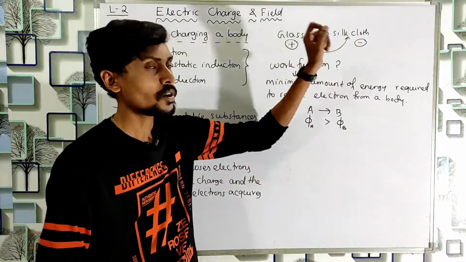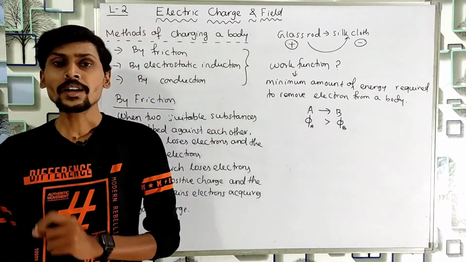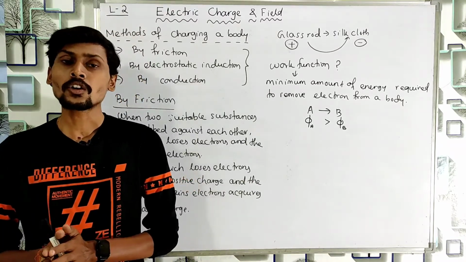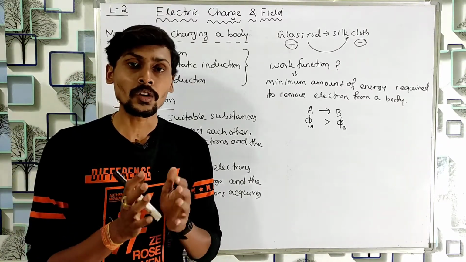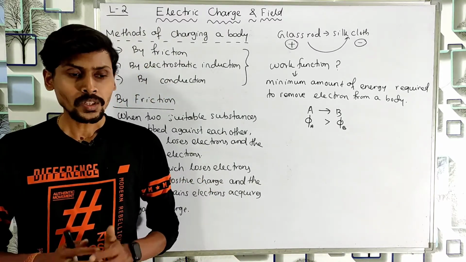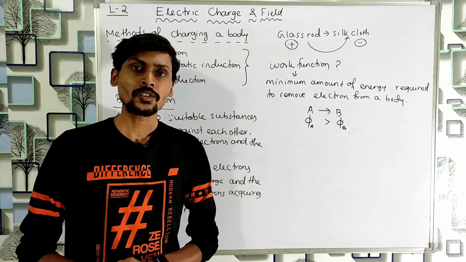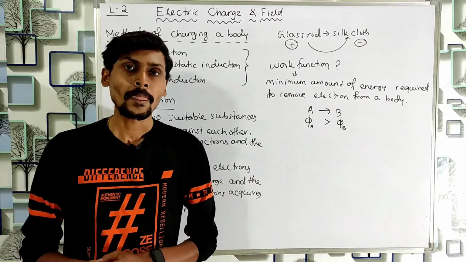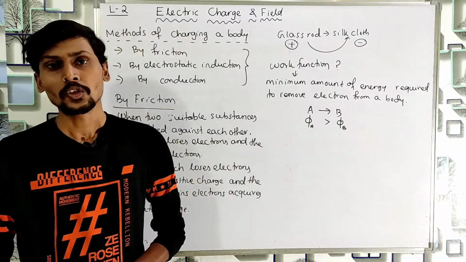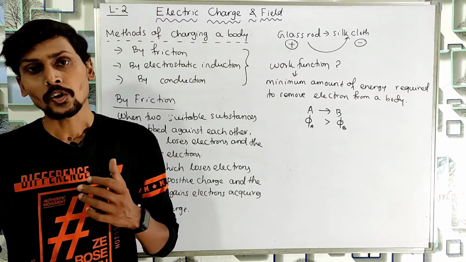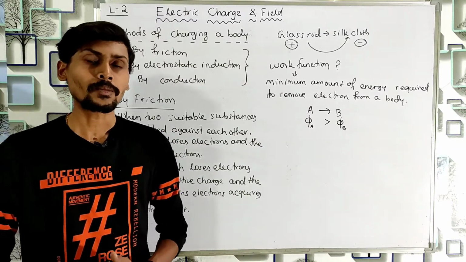Then the silk cloth will gain exactly 10 electrons. Means the number of electrons lost by one body is equal to the number gained by the other body. So there is no loss of electrons, or you can say that conservation of charge holds good in this method. So this is all about the method of friction to electrify or charge a body.